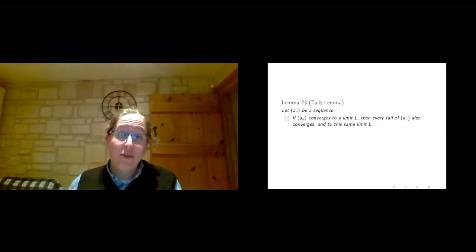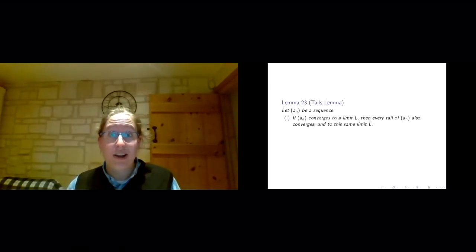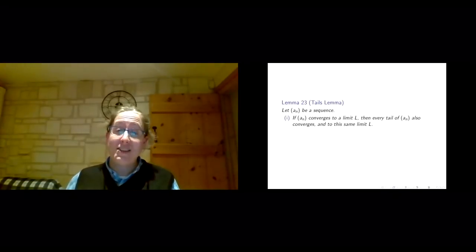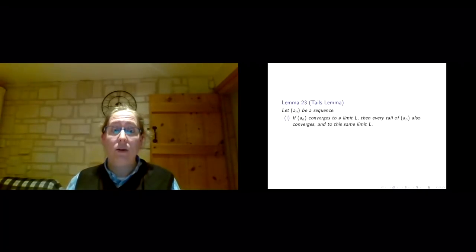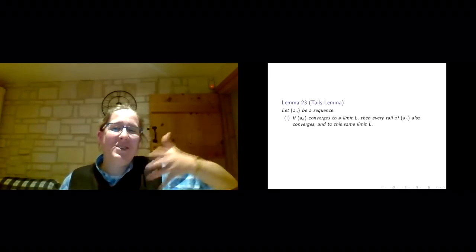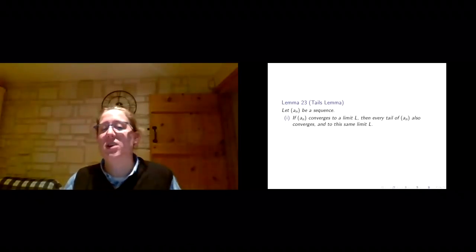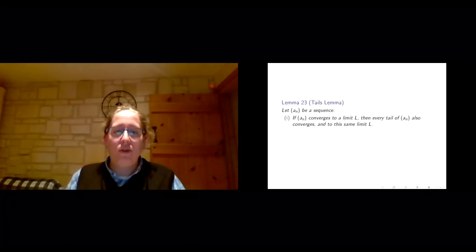The first part says if the sequence (A_n) converges to a limit L, then every tail of the sequence (A_n) also converges and to the same limit L. So it doesn't matter where we start our sequence. We can chop off the first few terms. The sequence will still converge and to the same limit.